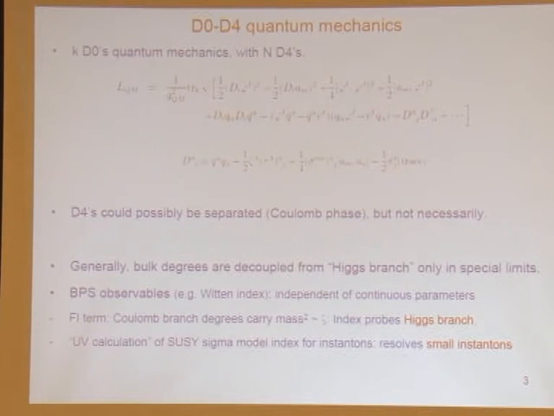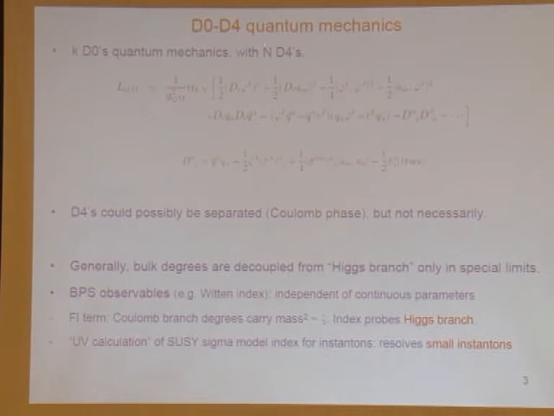Good. It can be obtained as a dimensional reduction of, let's say, some higher dimensional super Yang-Mills quantum mechanics. So, as I told you before, this system has some unwanted degrees of freedom if you're interested in studying the 6-dimensional physics. Namely, it has some D0 brane degrees which are unbound to D4s.